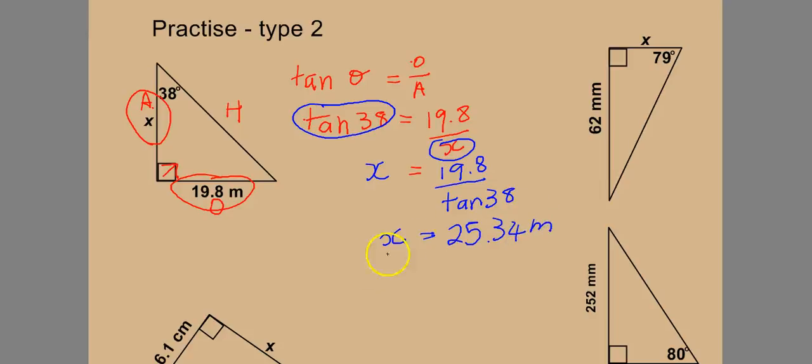Okay, how did you do? Let's put our bold dash hat on and check to see whether it makes sense. This is an angle that's less than 45, so it's going to be opposite a small side. So this side is more likely to be bigger than this one, and 25.34 is bigger than that one.